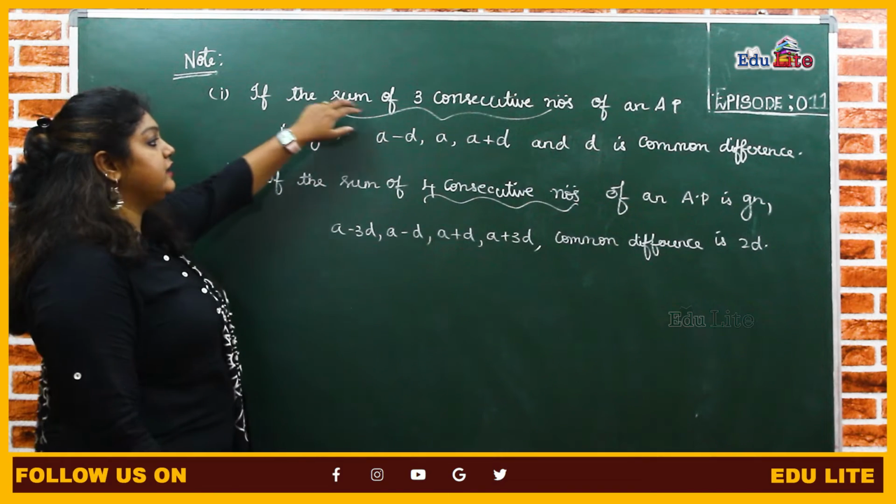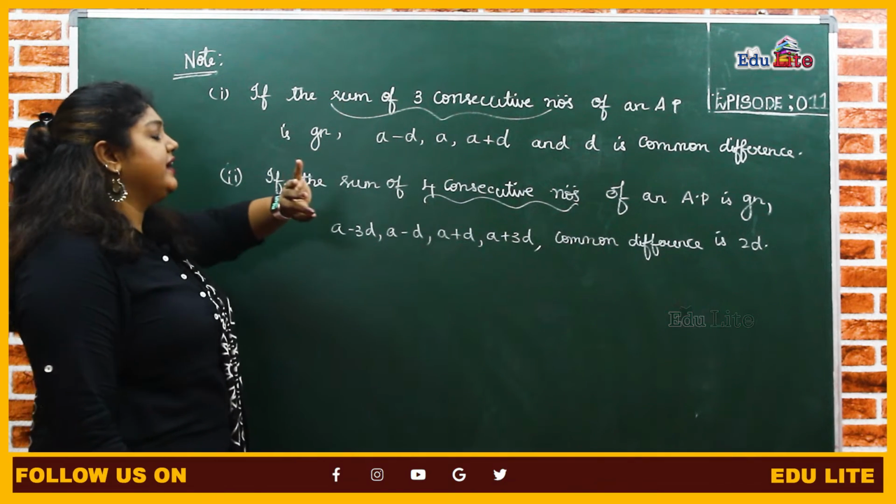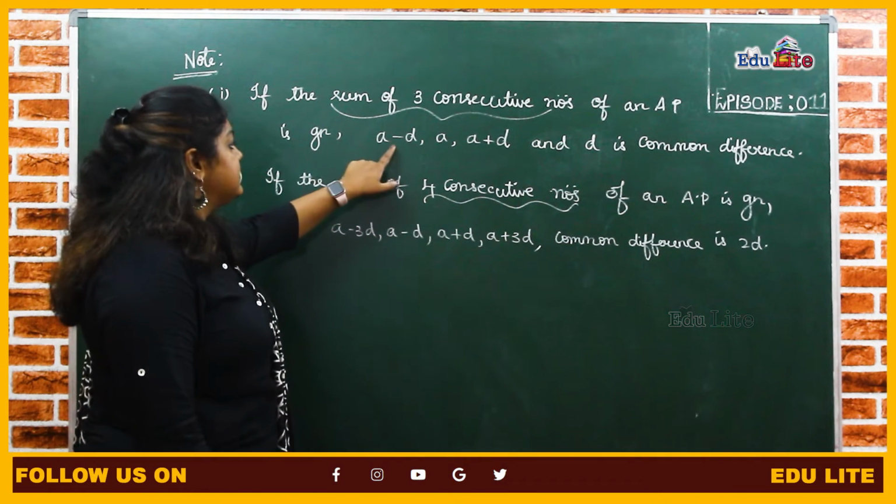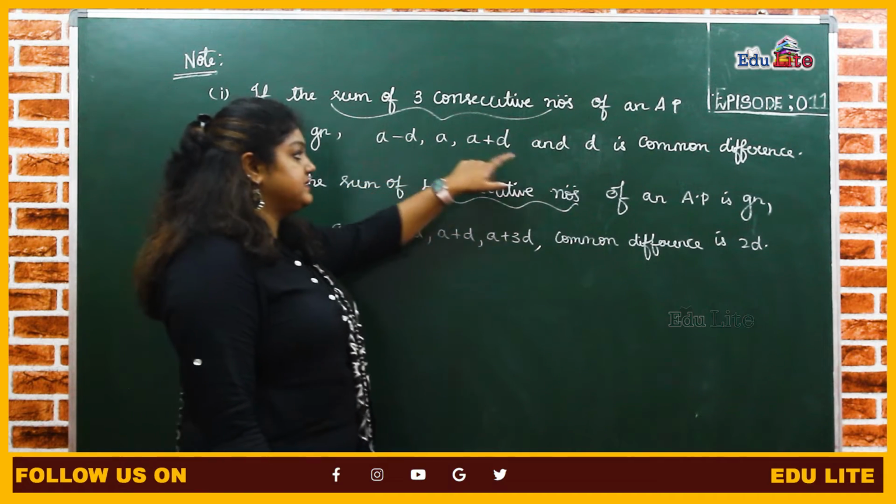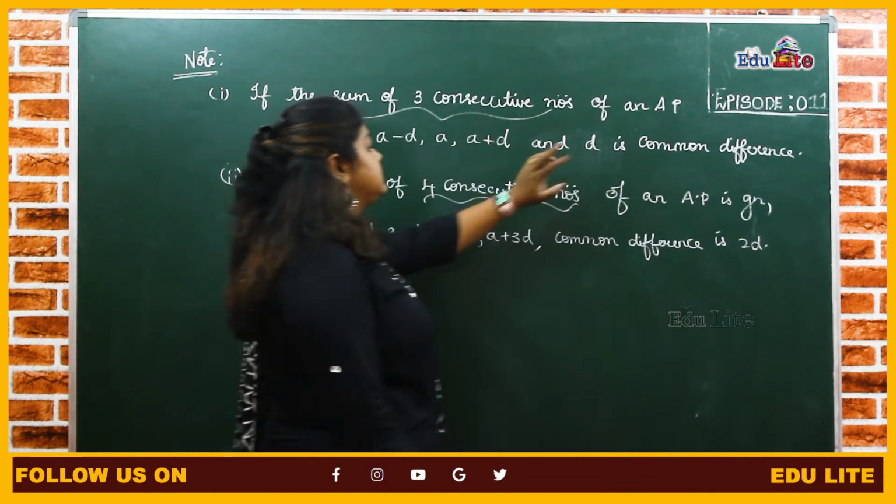So when the sum of 3 consecutive numbers in an AP is given, we can consider the 3 consecutive numbers as a minus d, a, a plus d, and the common difference for this is d.